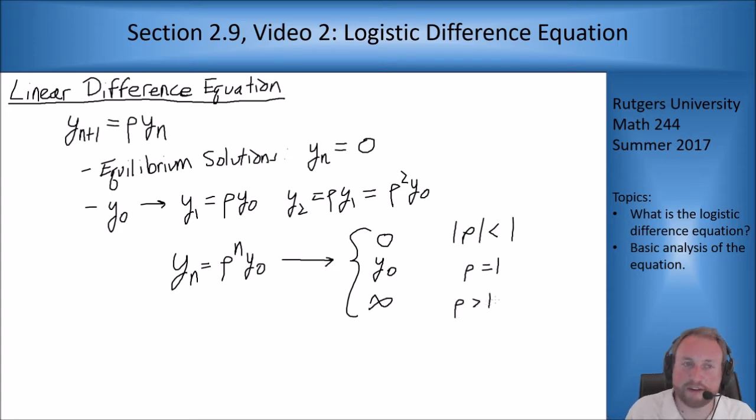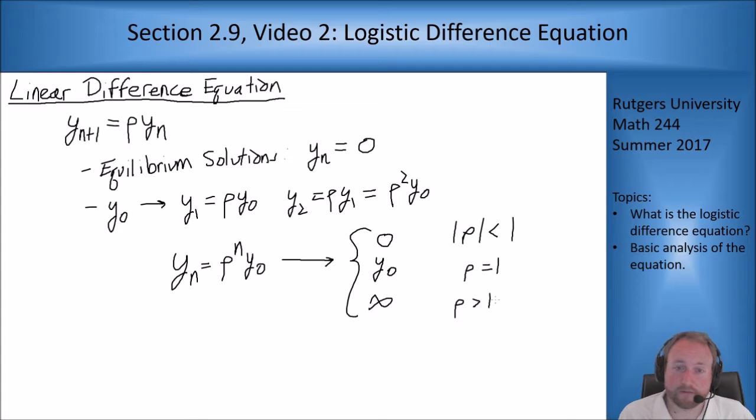In this case, I really only care about rho being positive, so I can ignore the negative 1 case where I oscillate back and forth. But for rho positive, I either get 0 if rho is less than 1, I get a constant value of y_0 if rho is 1, which isn't really that interesting, and I get infinity if rho is bigger than 1.